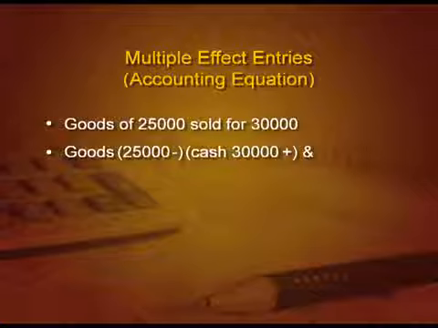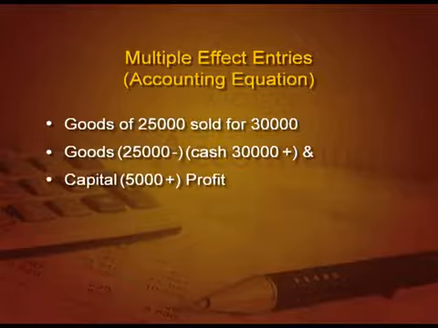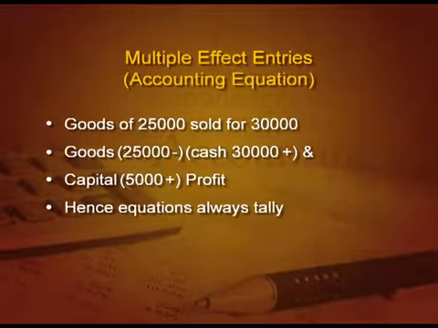So, you see on the asset side 25,000 is minus, 30,000 is plus. So, the net effect is 5,000 plus, and on the other side capital has also increased by 5,000. So, again the equation is tallying. So, you see all the entries tally this equation, that is why this is called balance sheet equation, accounting equation.